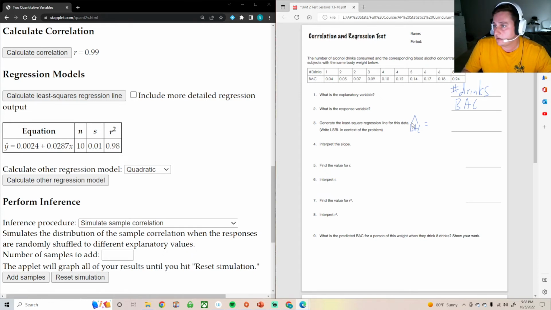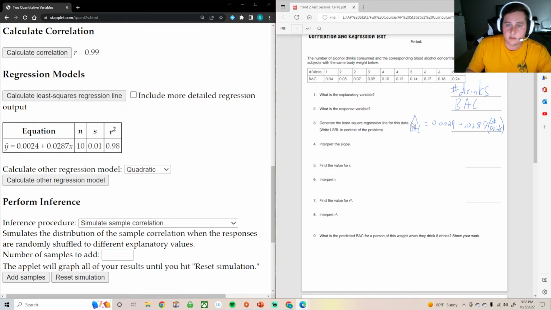So this is 0.0024 plus 0.0287 times, and then I'm using words, number of drinks. Okay, so this is your least squares regression line in context.